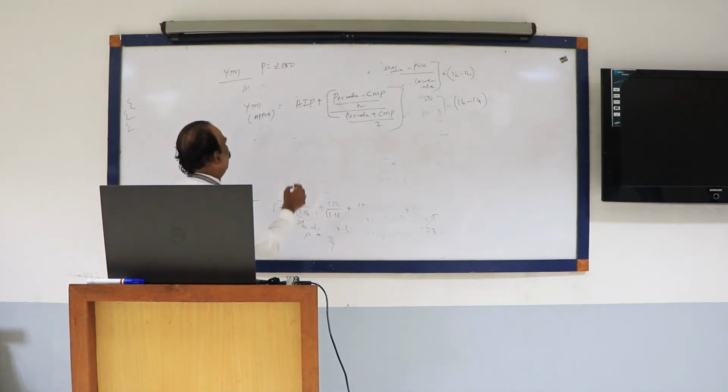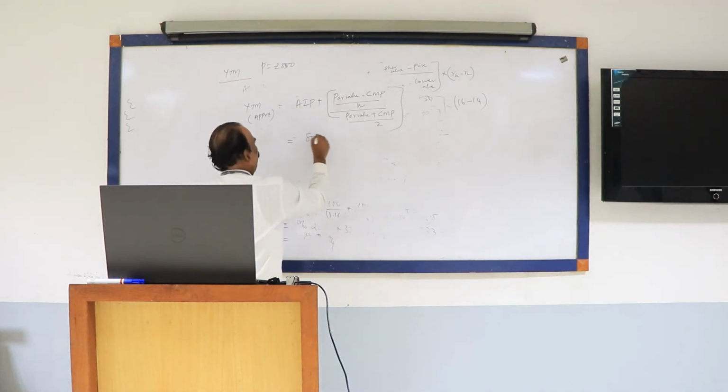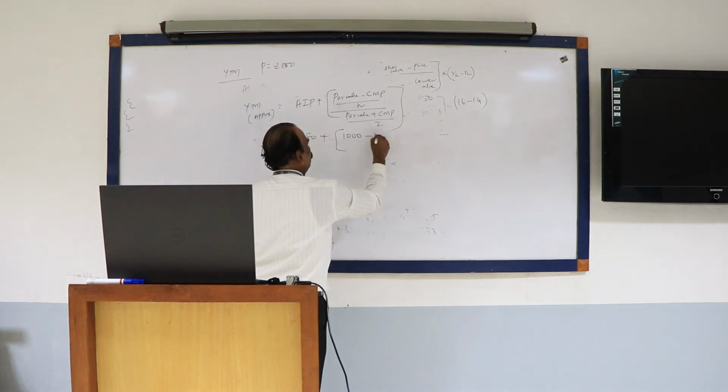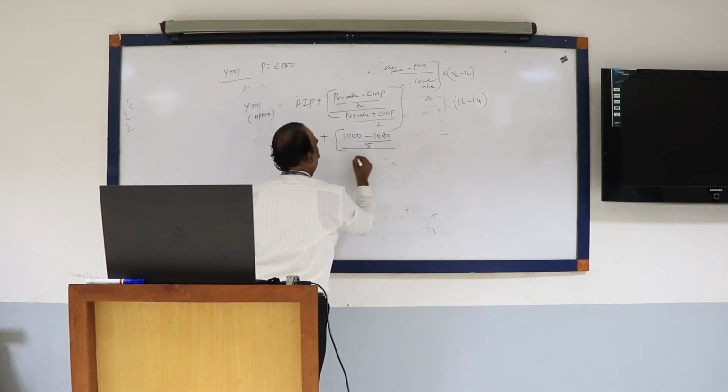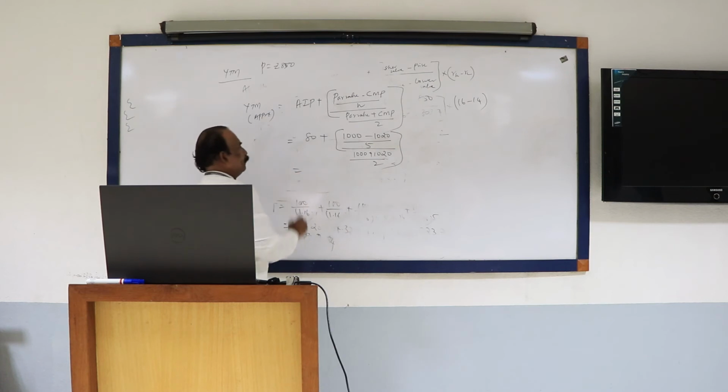So find out the annual interest payment. It is 80. 80 plus par value 1000 minus current market price 1020, divided by 5, whole divided by 1000 plus 1020 divided by 2. How much comes?